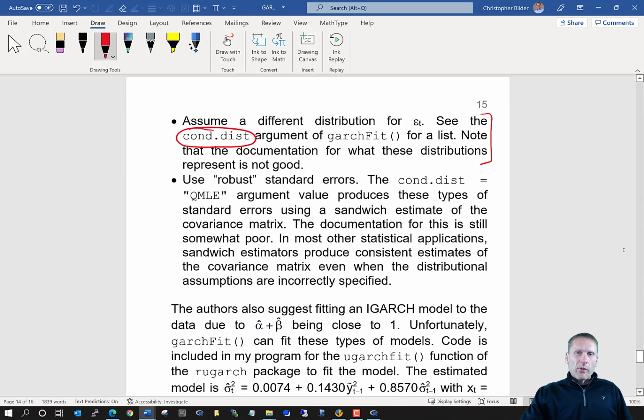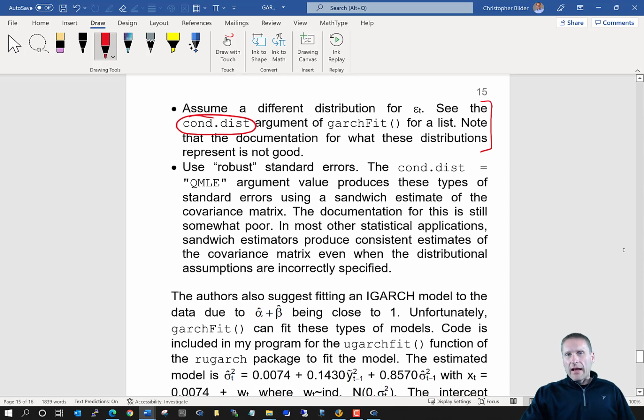Also, even if we went with this model and still assumed normality, what one could do is use what's called a robust estimator for these standard errors. This uses what's called a sandwich estimator.